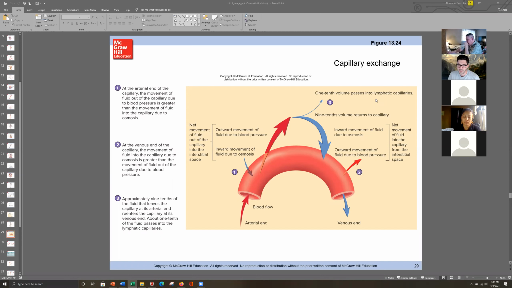It's also how we recycle roughly 10% of the fluid in our body that escapes our arterial capillaries via that arterial pressure, right? So that we don't just pool and develop fluid in other parts of our body. All of that gets recycled back through our lymphatic capillaries. So that 10% that doesn't come back there, right? So that's kind of cool. We'll end up talking about that next Thursday once we get into the lymphatic system. So that'll be fun.